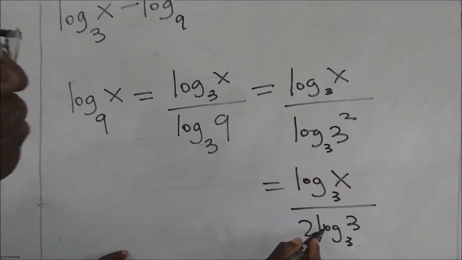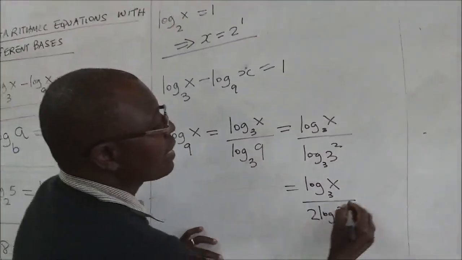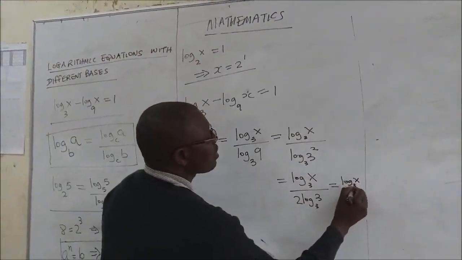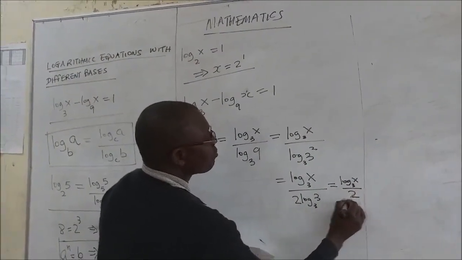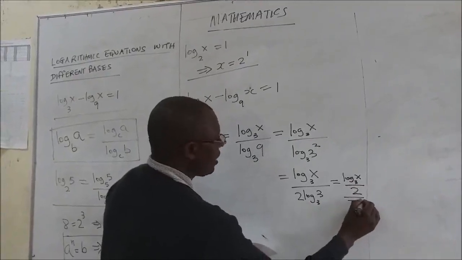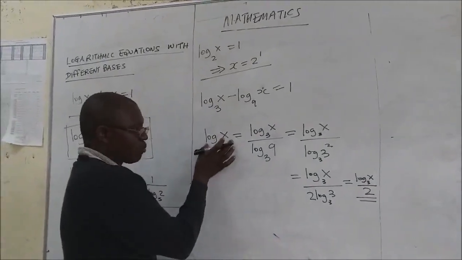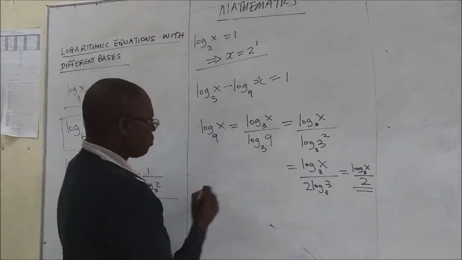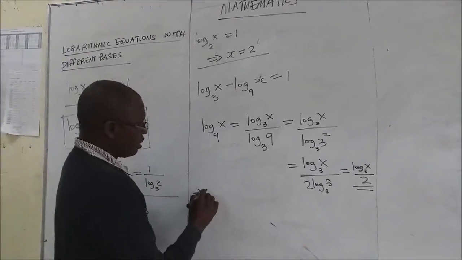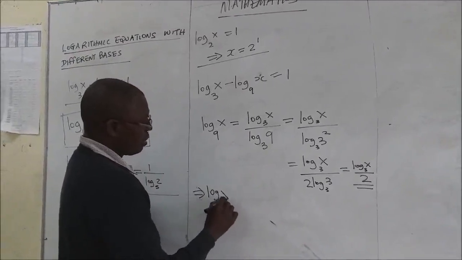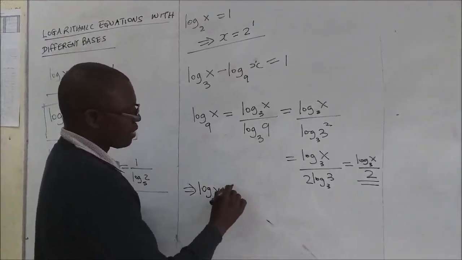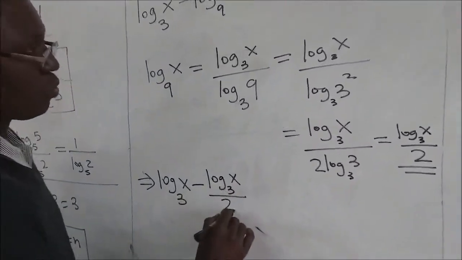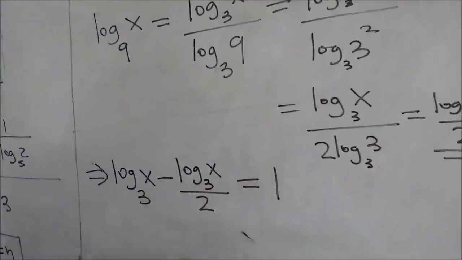And you realize that we have log 3 to base 3, which is 1, and so our expression now becomes log x to base 3 over 2. That is to say, where we have log x to base 9, we shall replace it with log x to base 3 over 2. So our equation is transformed to be log x to base 3 subtract log x to base 3 over 2 equals 1.